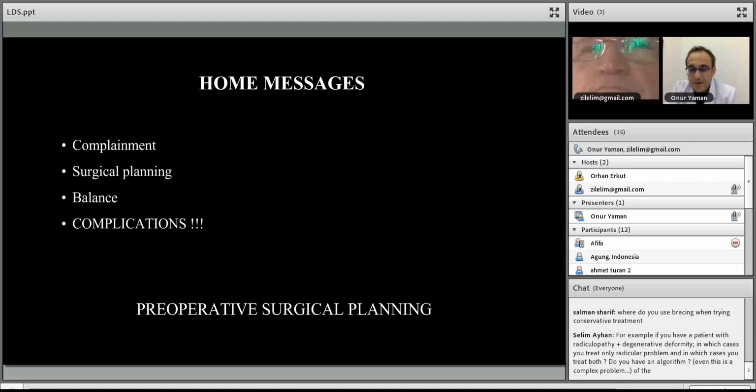We have to talk with the patient and also with the patient's daughter or son about the complication rates, and we have to do the surgeries as minimally as we can, because if you need a revision surgery after degenerative scoliosis surgery, the complication rate of the following surgeries will increase.